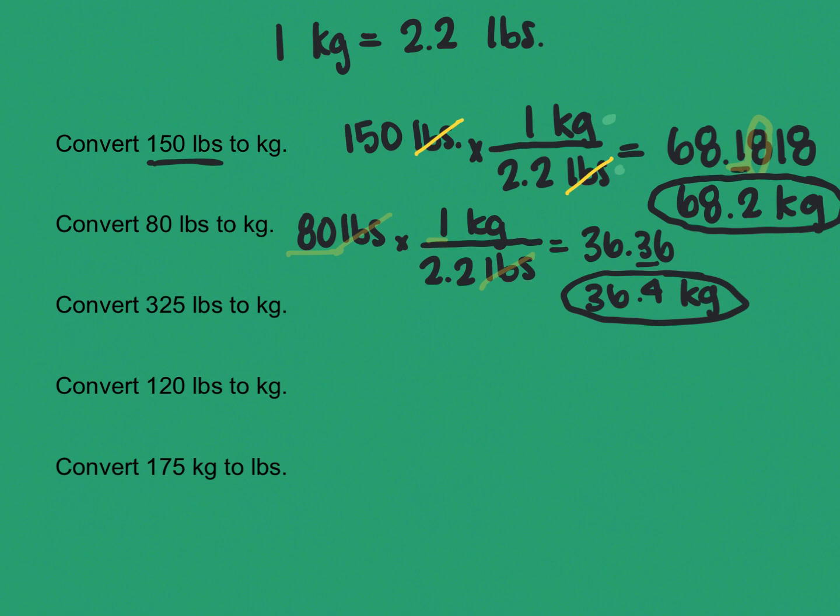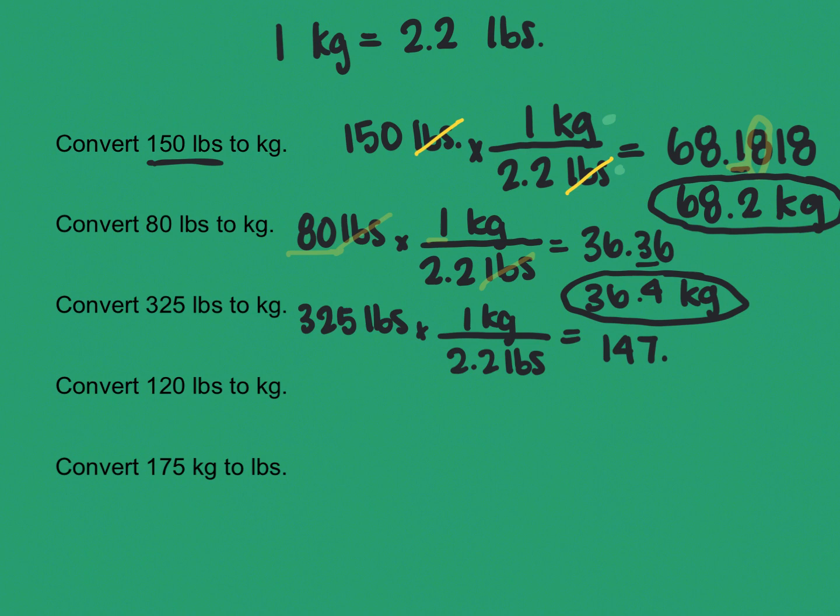So let's start with the 325 pounds. We multiply by our conversion factor. We've got 1 kilogram, 2.2 pounds, and then we can solve for this. 325 times 1 is 325, and then we divide that by 2.2. We get 147.72.